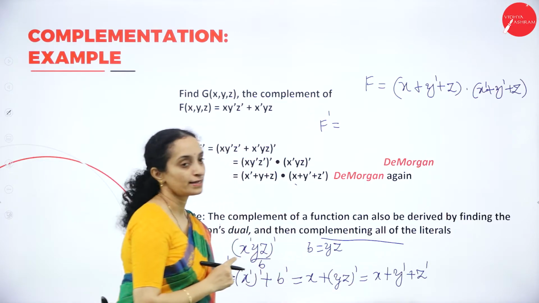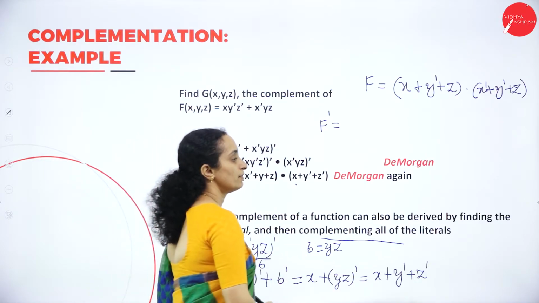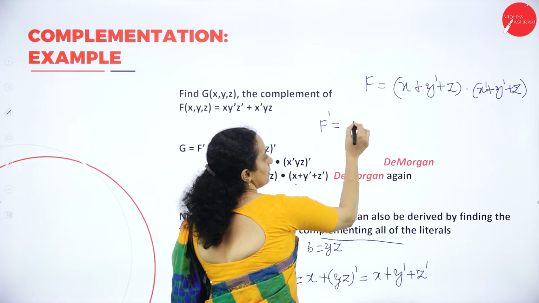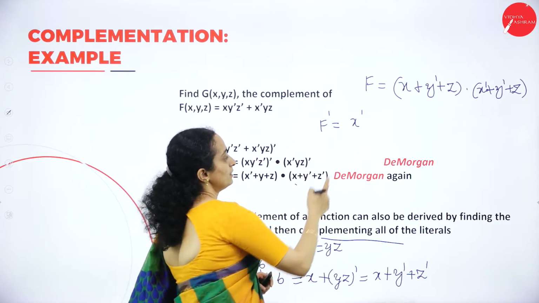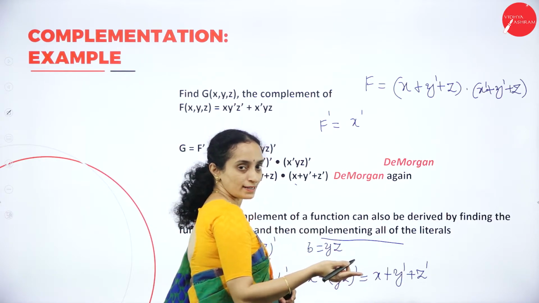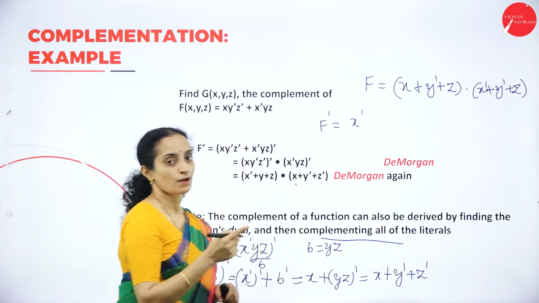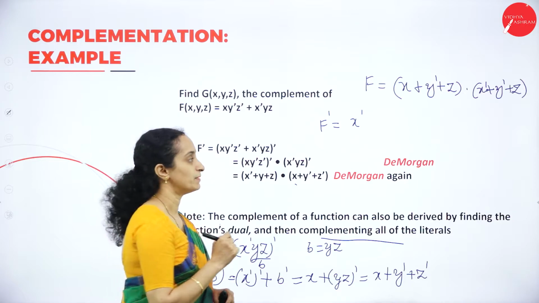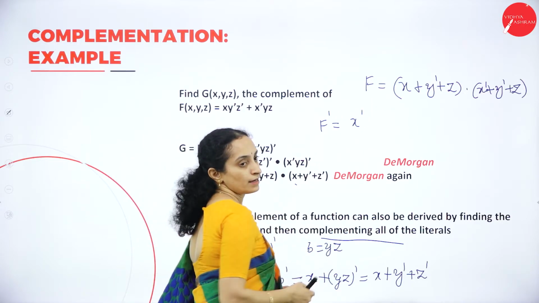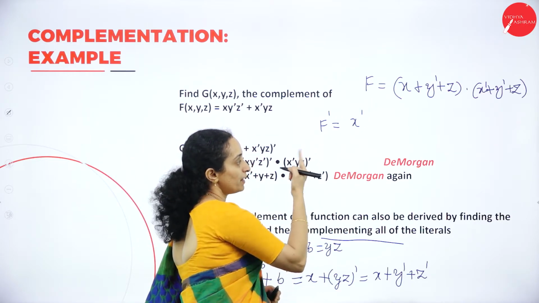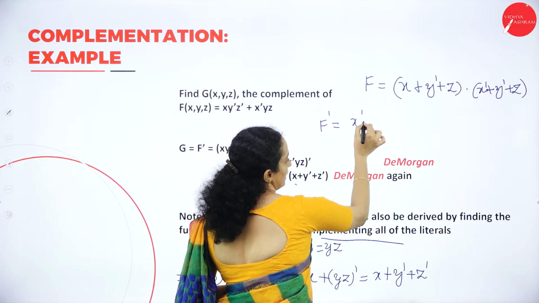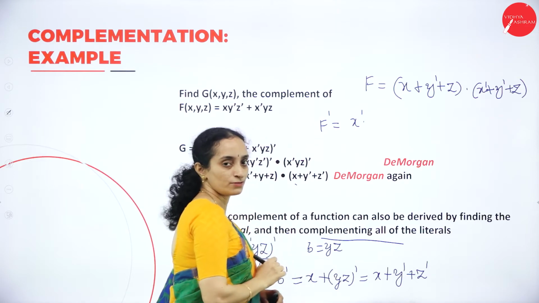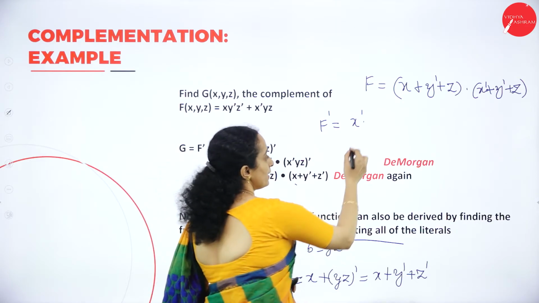For x plus y dash plus z, the simple method is again to interchange the operators and complement the variables. Here we have x, make it x dash. Plus is there, change it to multiplication.